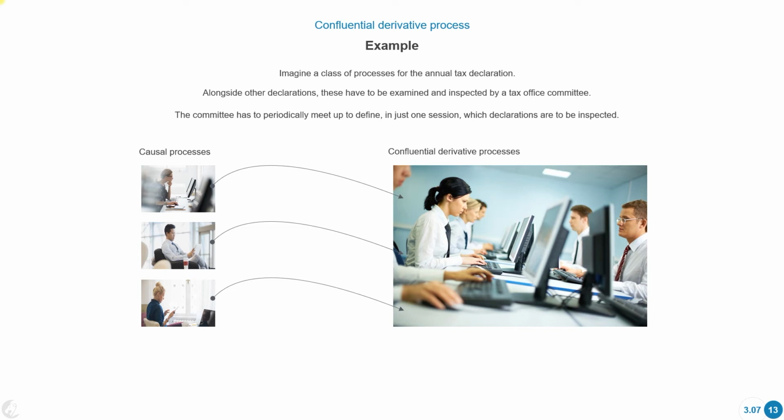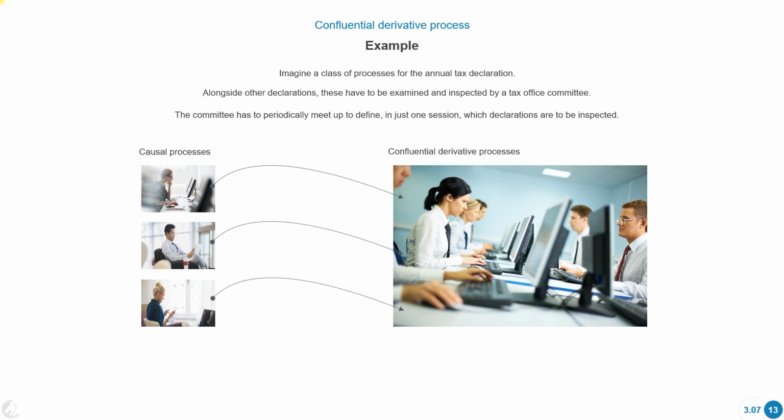And maybe in this confluential process, there are hundreds or thousands of lines because there's a lot of people in the country that are doing these tax declarations. So they all enter, and maybe in this confluential derivative process, there are business rules, algorithms, or even people who are going to decide which lines are going to require an inspection.